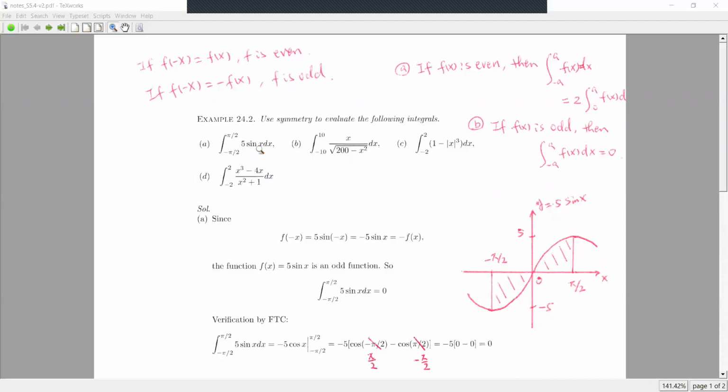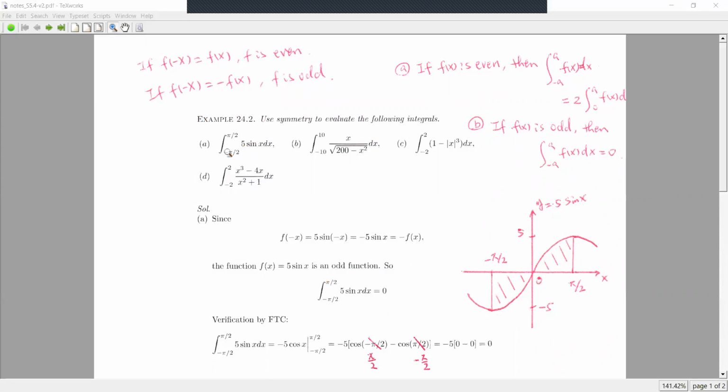This function is an odd function because this function satisfies this equation. Here on this line, I demonstrate how the function satisfies this equation. And also in this figure, I plot the graph of the function.